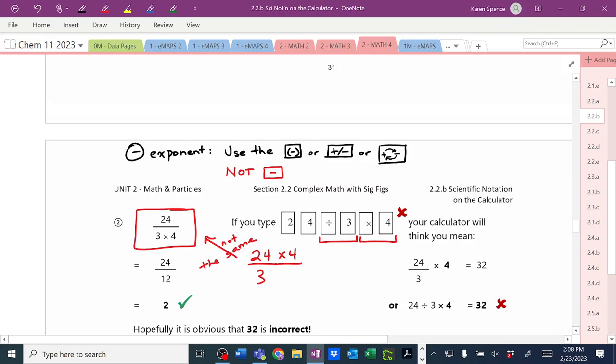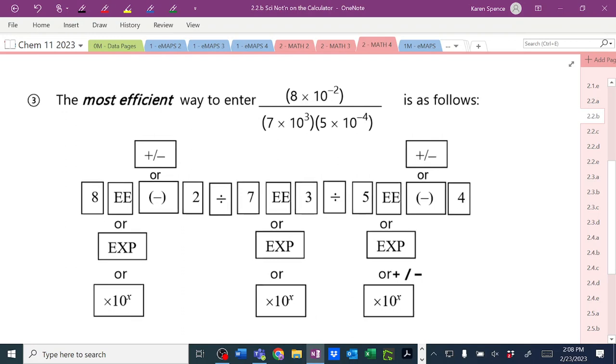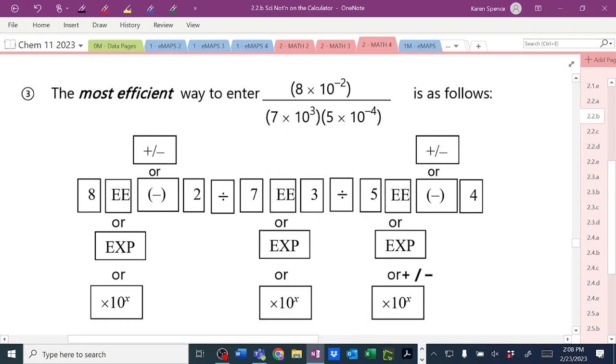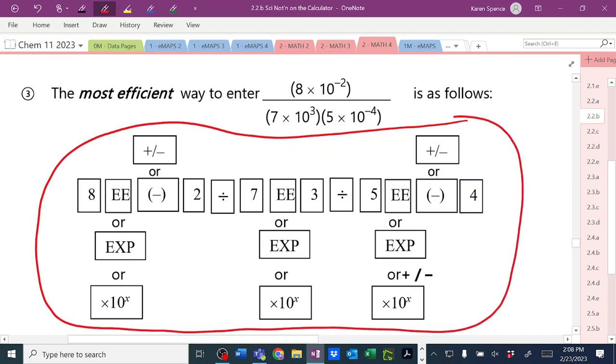Okay, where did we get to? So we're going to try typing this in. Okay. And you're going to tell me if you get the same answer as I do. And if you want a little how-to on entering it, you can follow this.